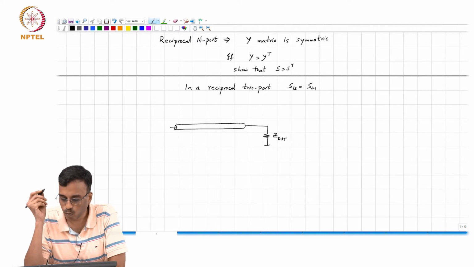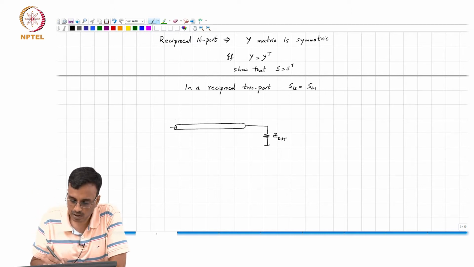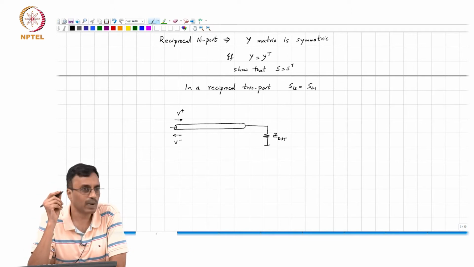So what you want to do is measure. Remember, for a one port, you want to be able to measure the ratio V minus by V plus.